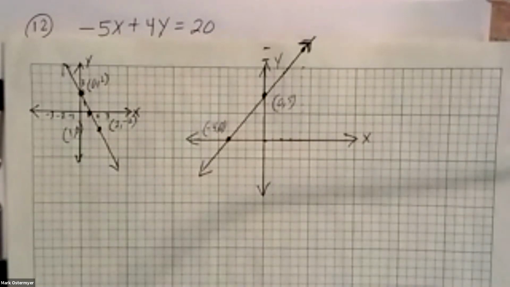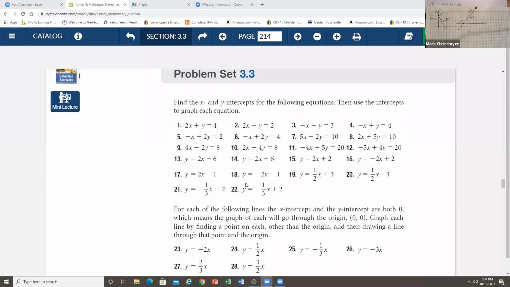Okay, classwork number 1. I want you to try one now. That was number 12. I want you to back up and do problem number 9. Classwork number 1, problem number 9.